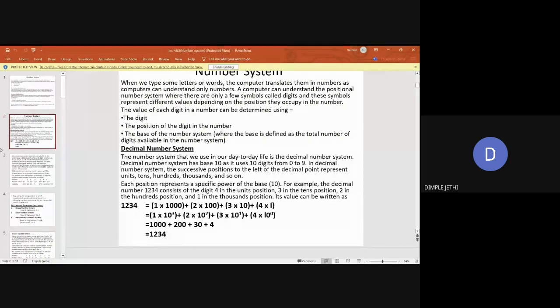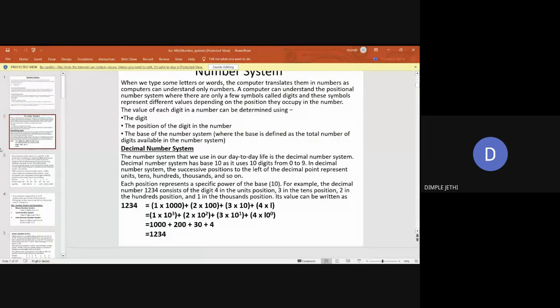We'll call it 321, right? That means if I write 3 2 1, 1 is at the 1's position, 2 is at the 10's position, 3 is at the 100's position. Clear? That is why 321 means 3 will be multiplied by 100. The value of 3 is 300, because 3 is at the 100's position. 2 is at the 10's position, so it will be multiplied by 10. 2 into 10, so its value is 20. And 1 is at the 1's position, so 1 into 1, right?